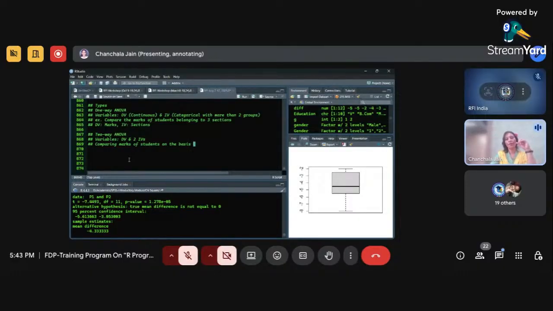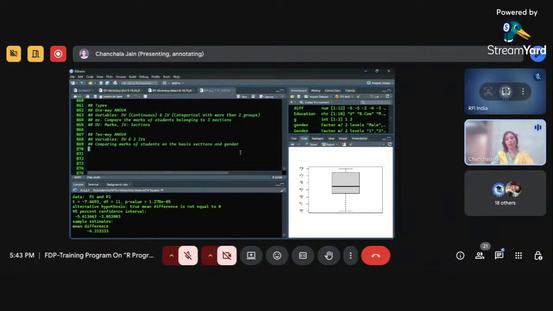So we will have one categorical variable in the row and a second categorical variable in the column. That way we require a total of 3 variables: 2 independent, categorical variables, and 1 dependent variable. So suppose I'm saying, comparing the marks of students on the basis of sections and gender.